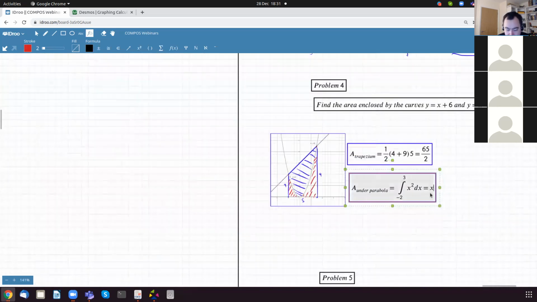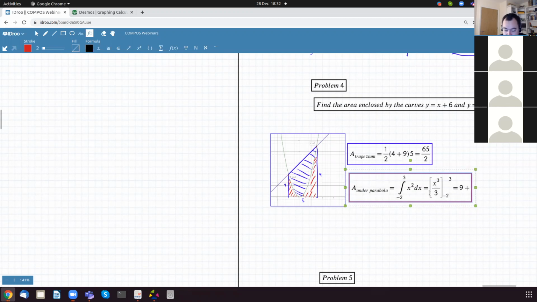It's x cubed over 3 between limits -2 and 3, and we get 3 cubed over 3, which is 27 over 3, which is 9, minus, so it's going to be plus 8 thirds.